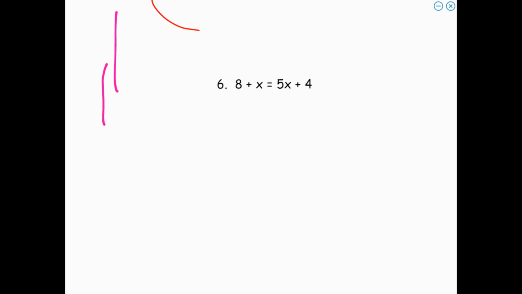This x, we're not dividing. We're making a 0 pair right now. We don't divide till the very last step. So right now, we need to 0 out this 1x. How am I going to 0 out a positive x? Add a negative x. And then I'm going to do the same thing on this side to keep them equal.